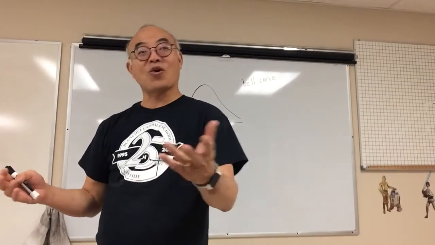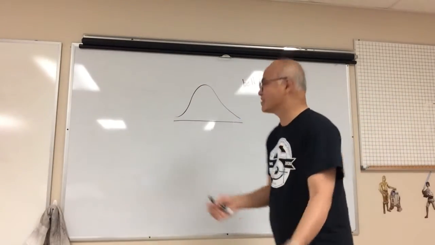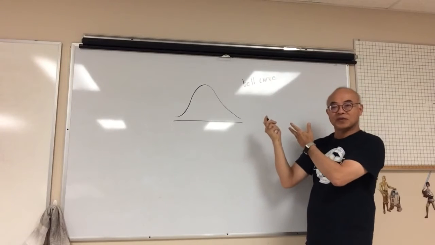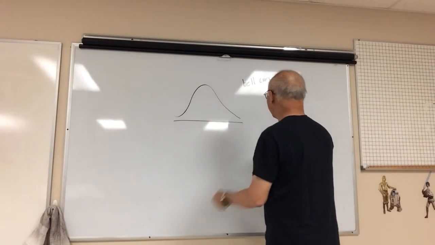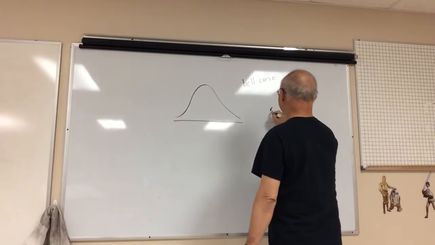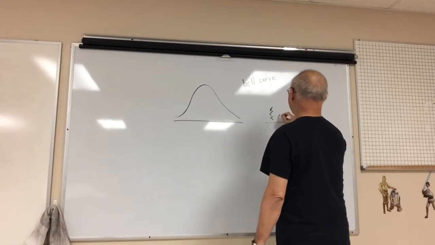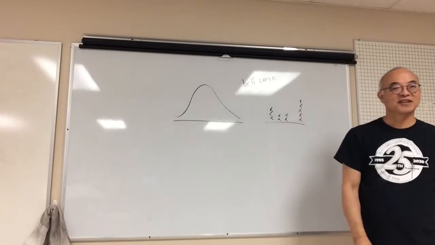When you guys commonly ask your teacher to curve the test, okay, when you ask them to curve the test, you're asking them to put it into a bell curve, okay? Instead of having, you know, a dot plot that looks like this on your test, right?